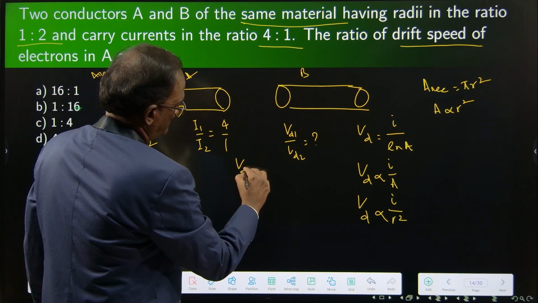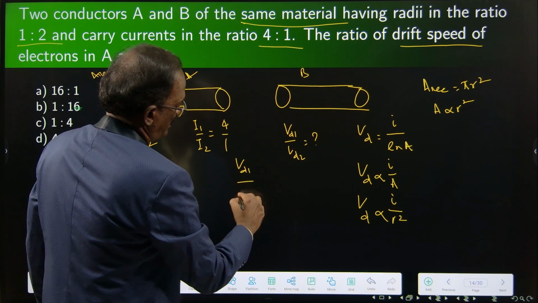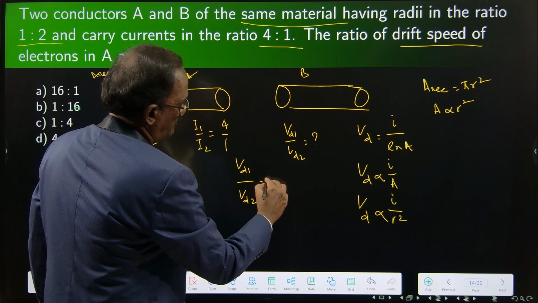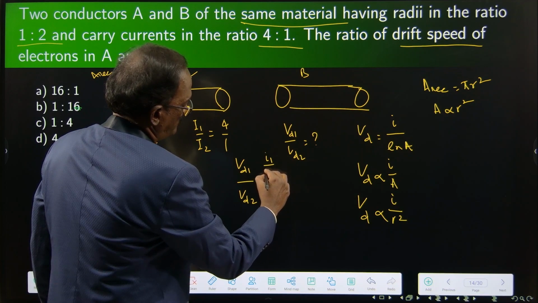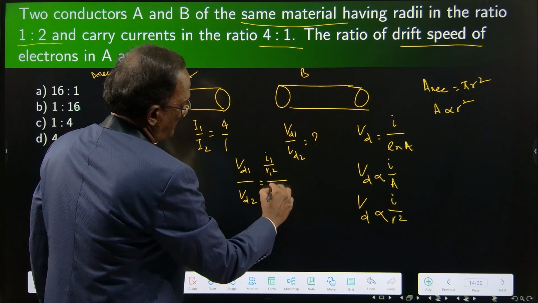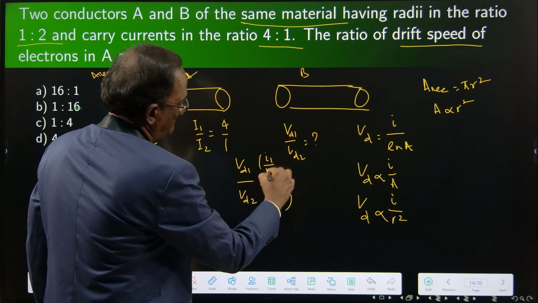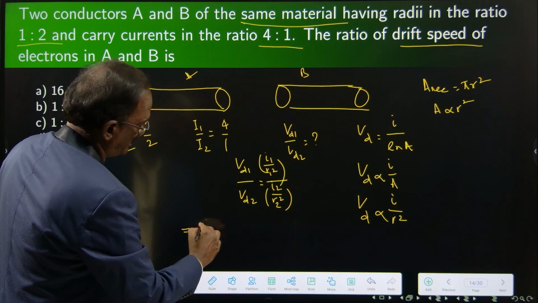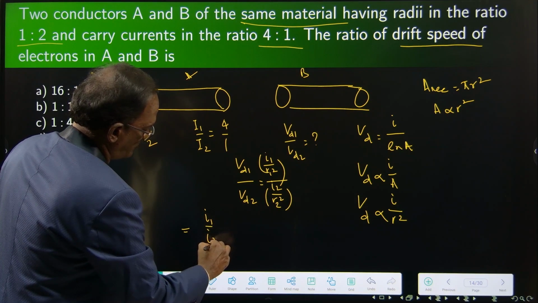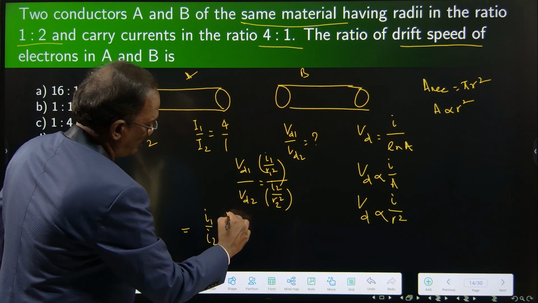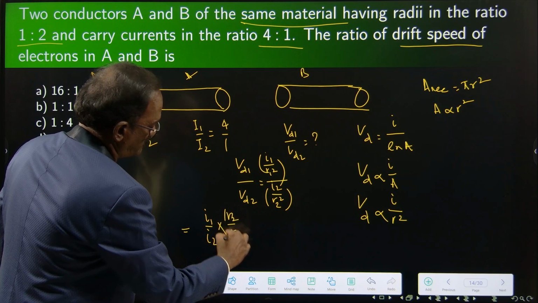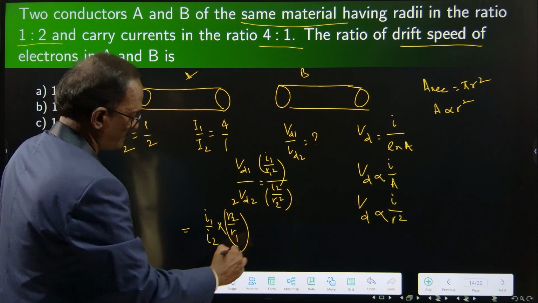Vd1 by Vd2 is equal to I1 by R1 square upon I2 by R2 square. This can be rewritten as I1 by I2 multiplied by R2 by R1 square.